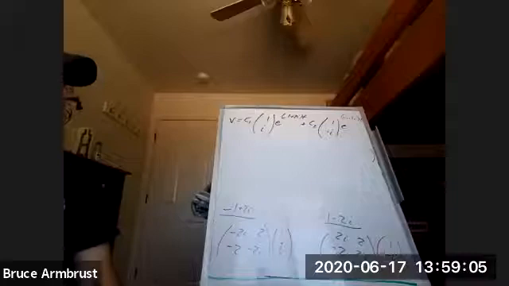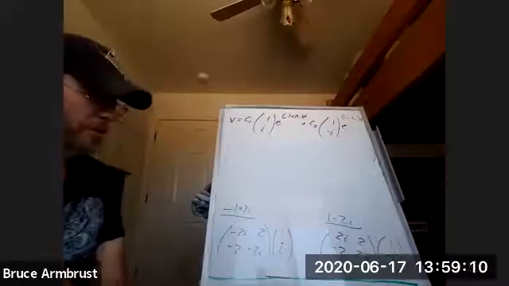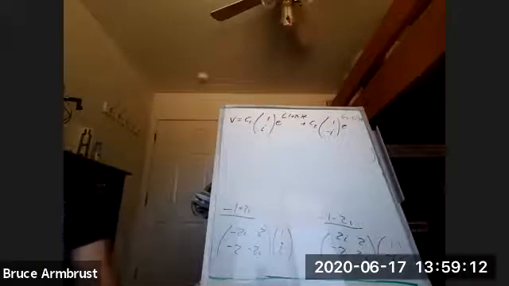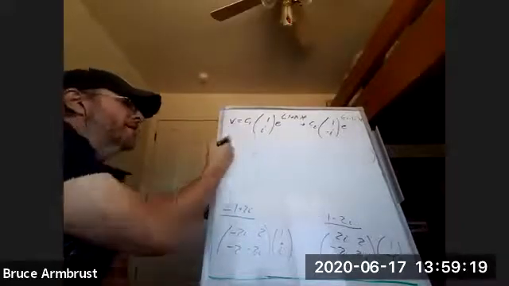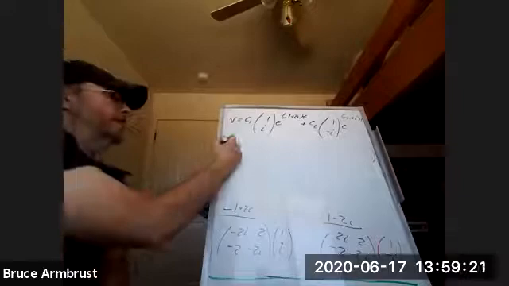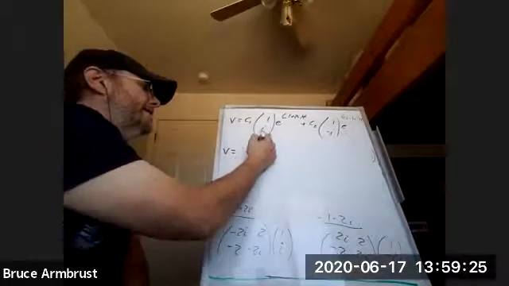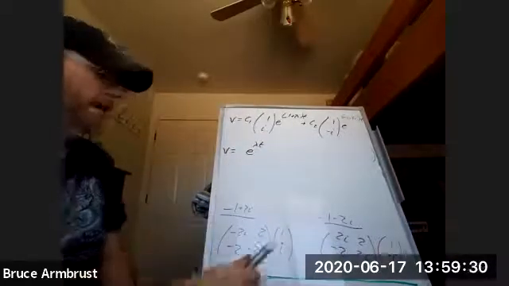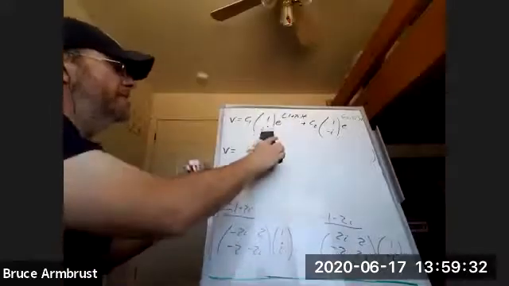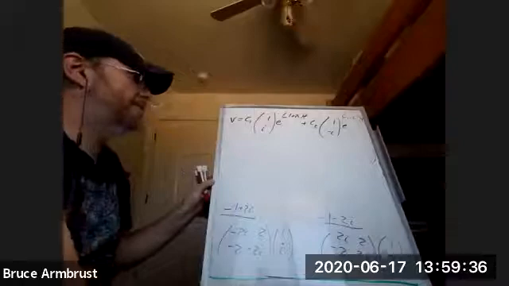So let me just get to the end of the story. What we would find is that this is our real and this is our complex part. So V would equal e to the lambda t. Let me do it just generically, and then we'll apply it to this one specifically.